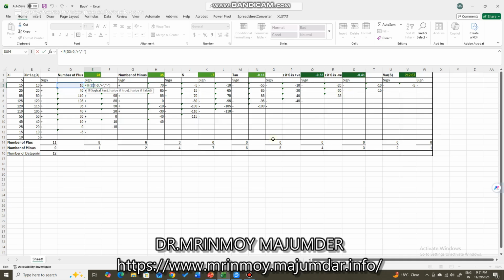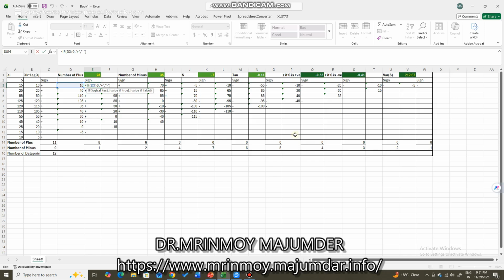If the critical value of Z is positive, then our Z must be more positive than that. So as our critical value of Z has come to be 1.92, however our Z is negative minus 0.41, it shows that there is no trend.